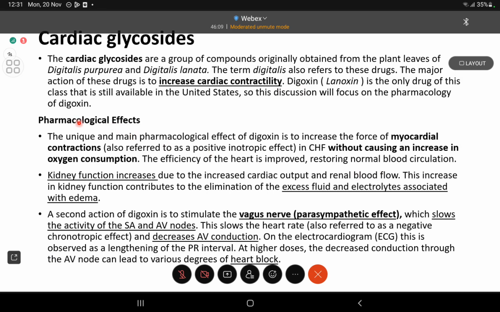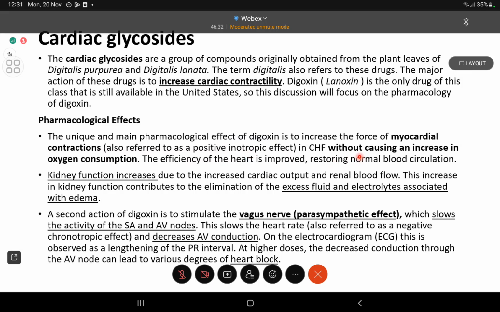So the pharmacological effect is that it forces the myocardium to contract. That's why we say this drug increases the cardiac contractility. So this one we consider as a positive inotropic effect.